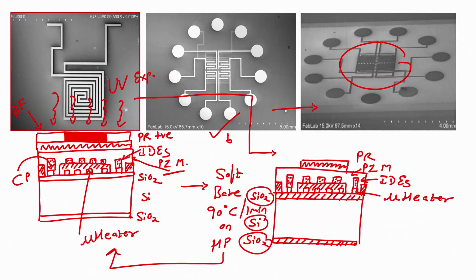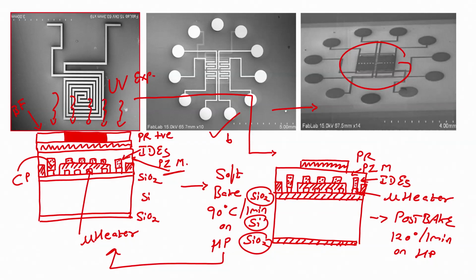Next step, what is the next step? After photoresist developer, the next step is post bake. Post bake is done at 120 degrees for 1 minute on a hot plate. After post baking, what is the next step?